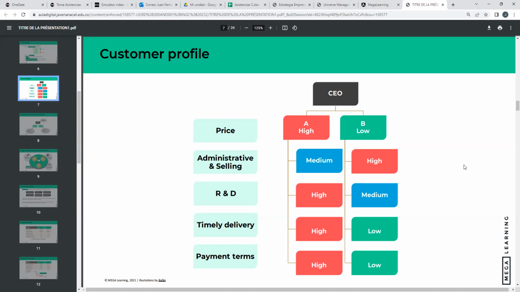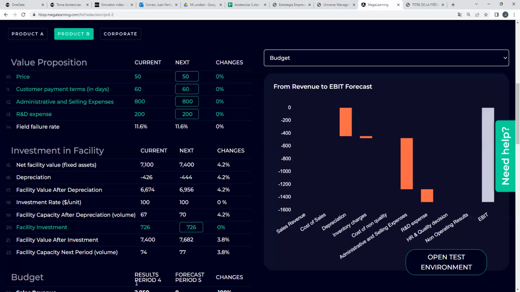However, if we are going to charge, for example, product B, instead of a price of 50, we put a price of 75. This is a 50% increase in the price. We are not going to sell anything, because this is too much. Even if the price elasticity of demand is low for B, this is too much. So don't make drastic decisions, because probably you are going to be affected.